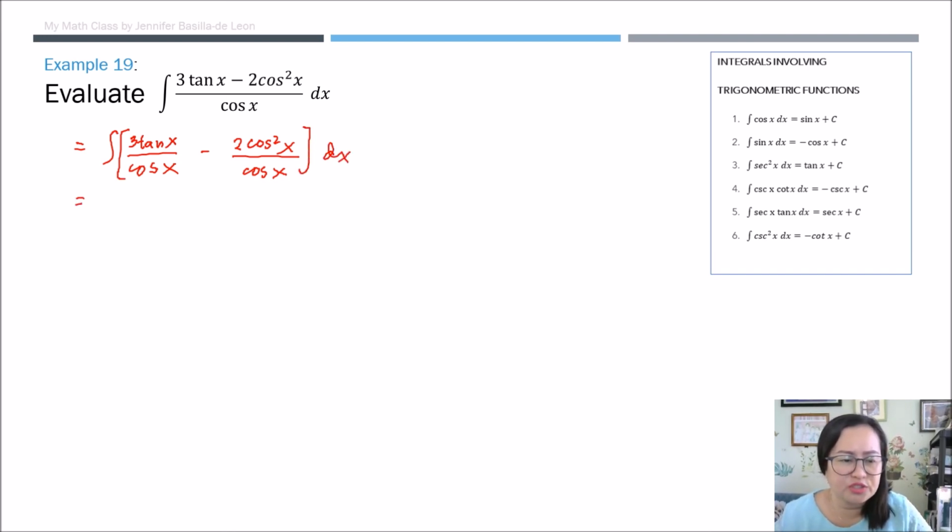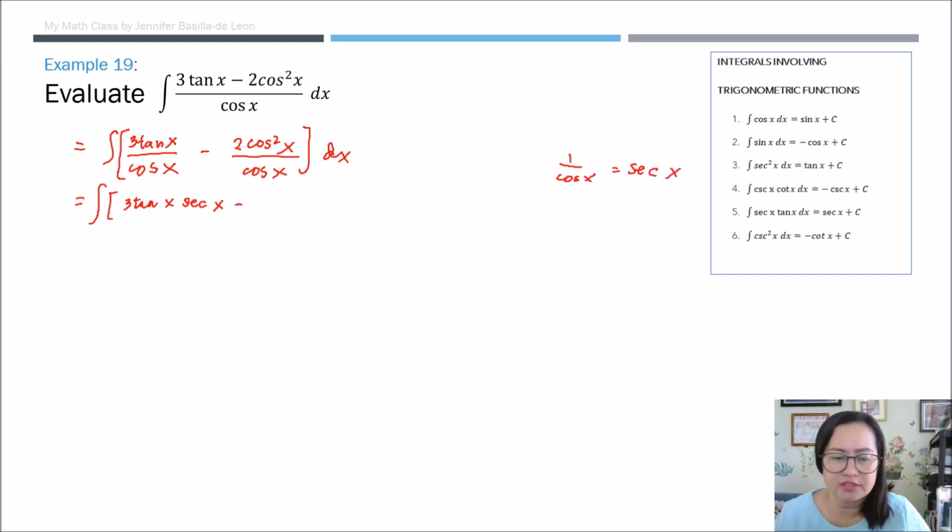Now applying trigonometric identities, we can simplify this. The first term can be written as 3 tangent x. Now applying the reciprocal identity for 1 over cosine, we will have secant x. Why do we have that? 1 over cosine x is equal to secant x.